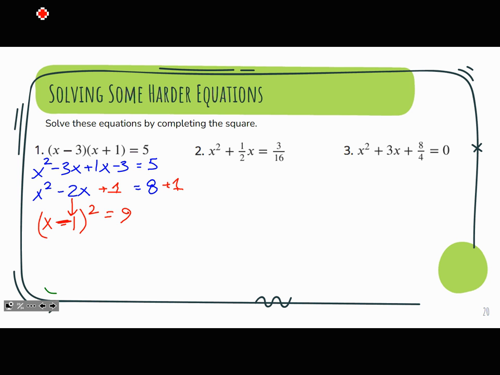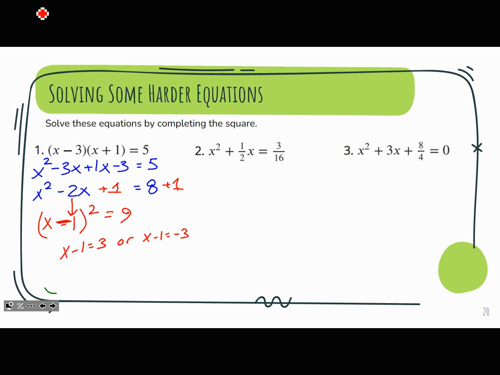Now let's continue from here, right? When we go to solve, from completing the square, it's a perfect square term, and there's only two numbers that when squared gives you 9. That's 3 and negative 3. So I will write this as x minus 1 equals 3, or x minus 1 equals negative 3.